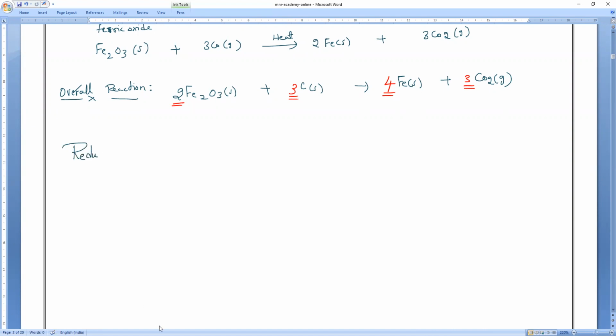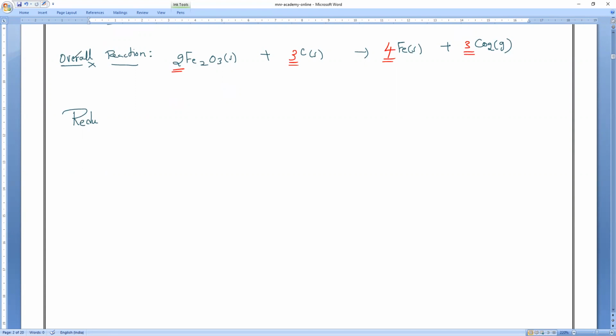According to the book, we can use metals like sodium, calcium, and aluminum, the more reactive metals. But reacting with sodium and calcium is very tough and very dangerous, extremely exothermic. So better we choose aluminum. So reacting with aluminum is what is necessary for us.